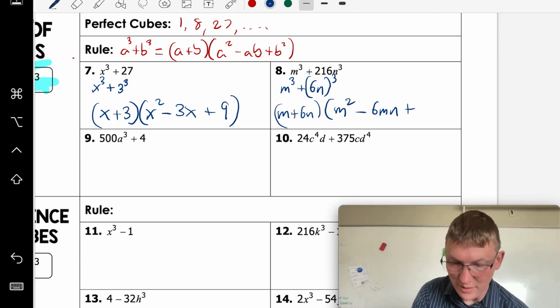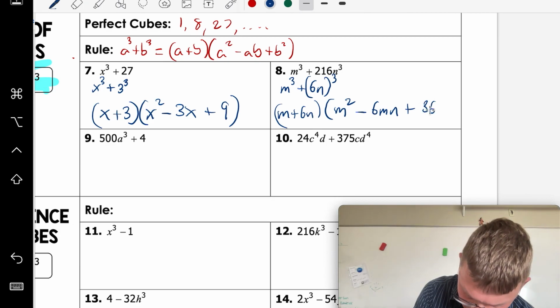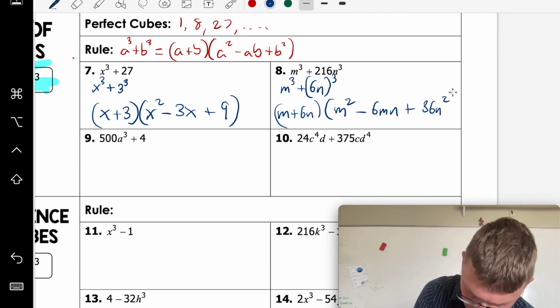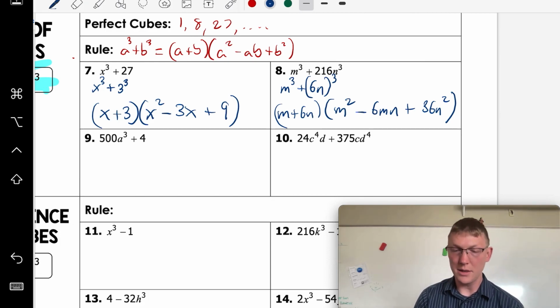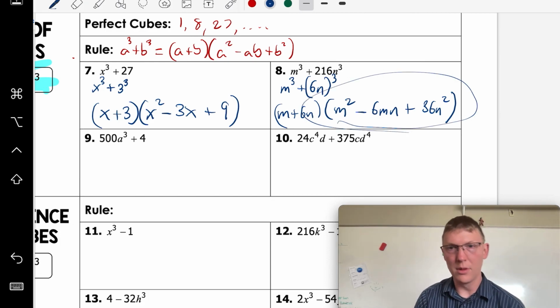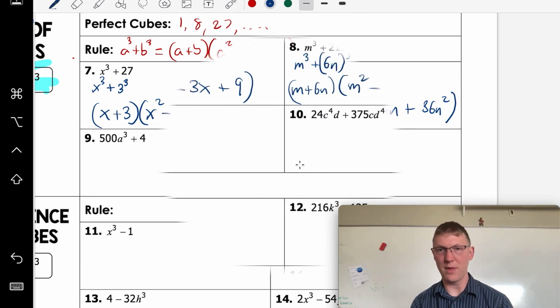My b is 6n, so that's going to be 36n squared. And again, double check to see if this is factorable. In this case, it is not, but be aware of that.